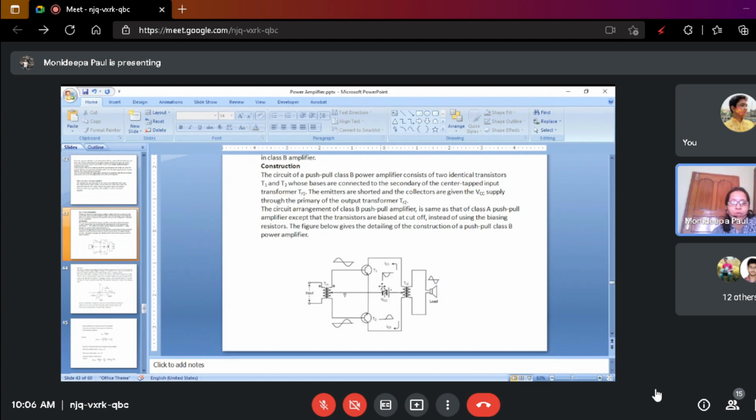So when we find out the power, PDC is equal to VDC into IDC. IDC means average value. When we find out the average value of the collector current, we consider the half cycle, because only one half of the cycle is applied across each transistor.